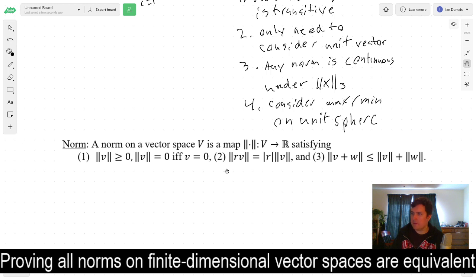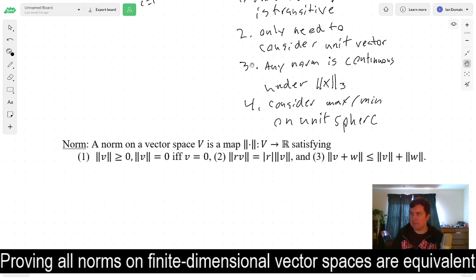We don't want that to be 0. That was pretty straightforward. Number 2: if we take a scalar, we could say it's a real number, but whatever the scalar is in our vector space, and multiply it by our vector, then take the norm of that, we're going to get the same number as if we take the norm of the vector itself and then multiply by the absolute value of that scalar. We'll see that in action when we prove this is a norm in a second.